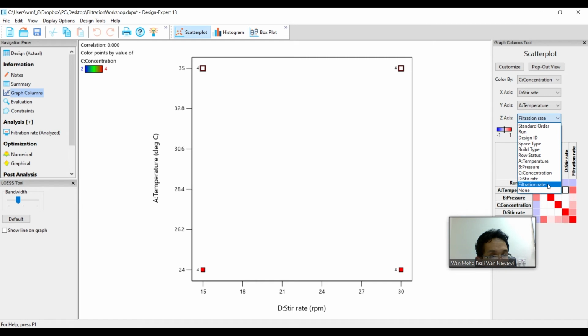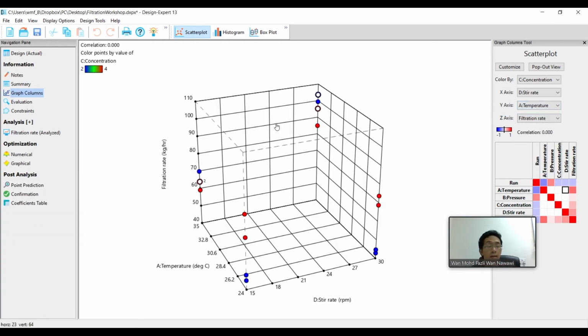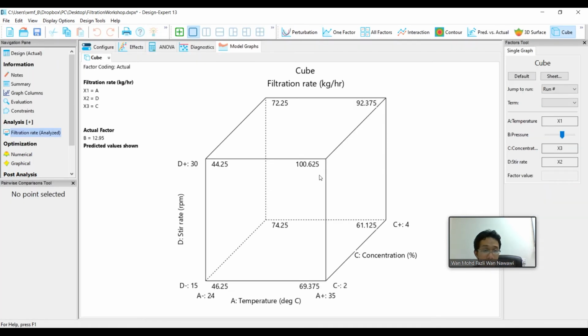The 3D here is based on your data, your observed data, your response itself. The one that you saw just now is the predicted one. This predicted one is different.